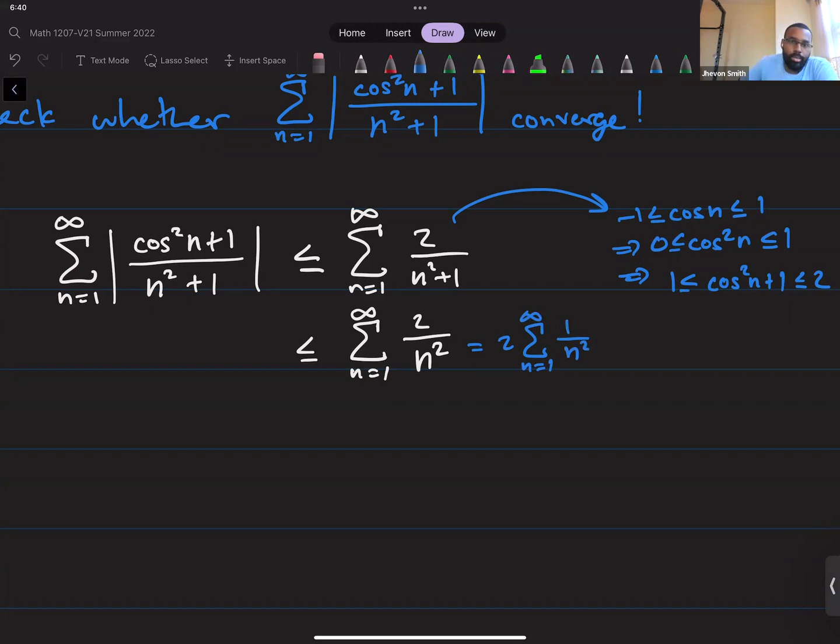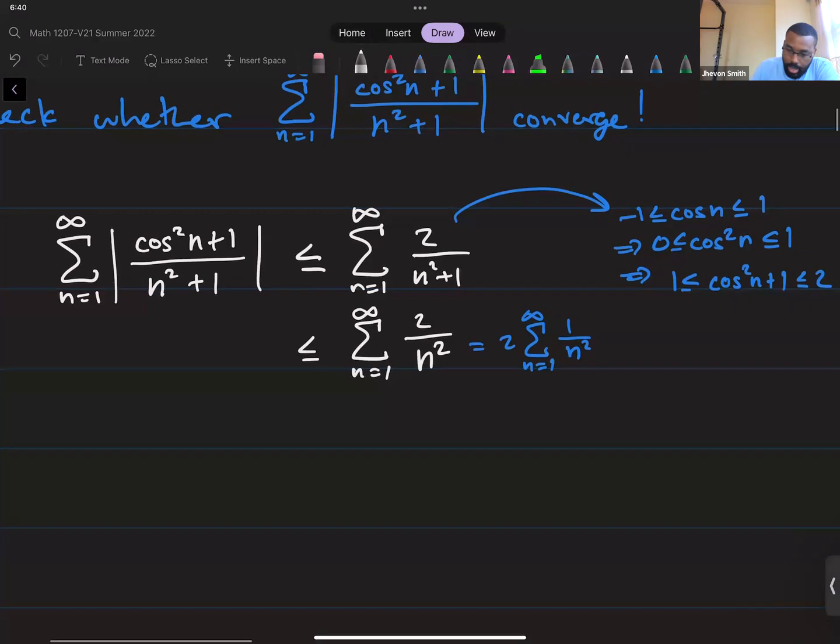You're essentially looking at the series of 1 over n squared, which reminds you of 1 over n to the p, which is a P series. Does this P series converge? Yes or no? Yes, because p is greater than 1. Okay, so this is a convergent P series.